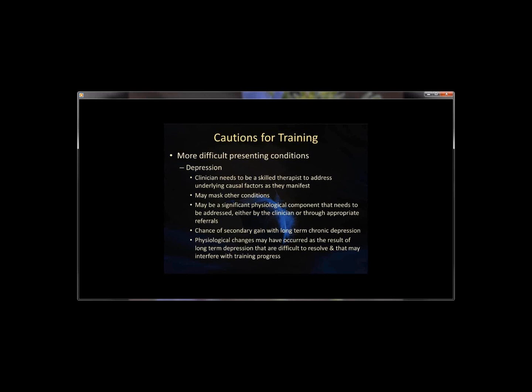It may be that the medications that they've been prescribed are also causing effects that may make it difficult for you to do your neurofeedback training. And when you do neurofeedback training, their response to those medications may change, and it may be not easily caught by the practitioner and the physician. And so this is a difficult group.